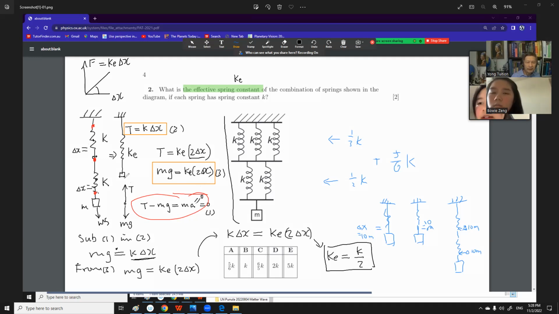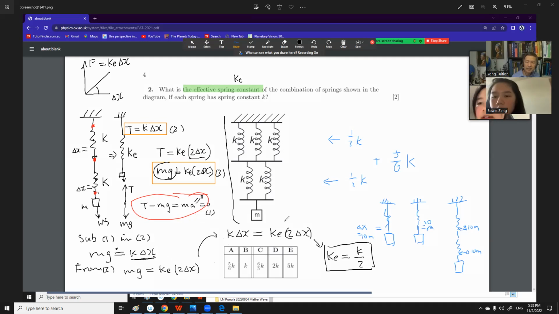So that's why I write this formula. The force given is mg, but the displacement you have to be careful with. The displacement is 2x now. Each delta x is determined by the original constant k, but the displacement changes.